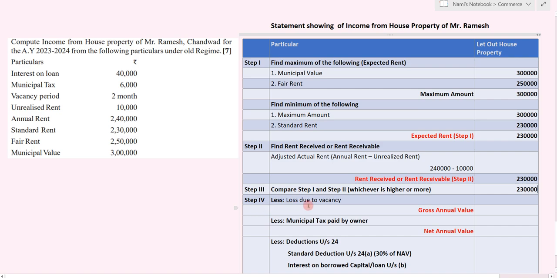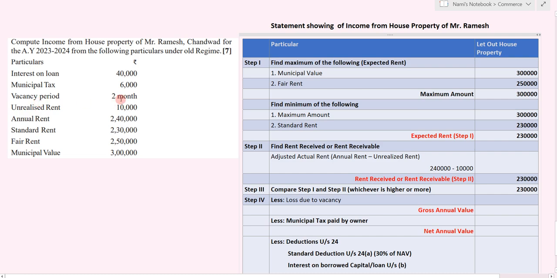Less the loss due to vacancy. Okay. So from 2,30,000 we have to less the loss whichever we have occurred due to the vacant house. Now see here in the particulars, the vacancy period is given. So vacancy period is what?